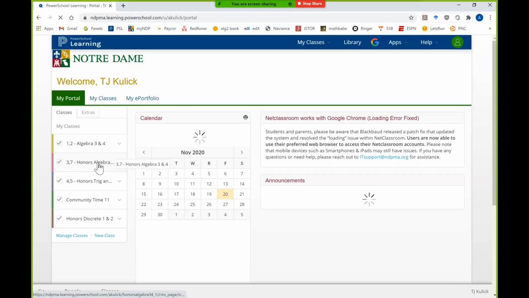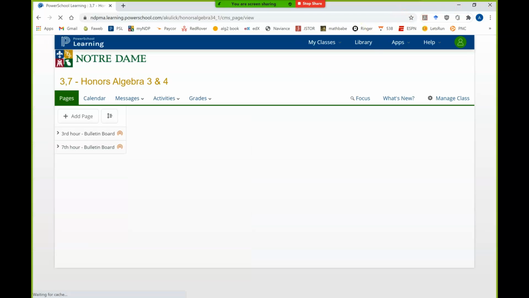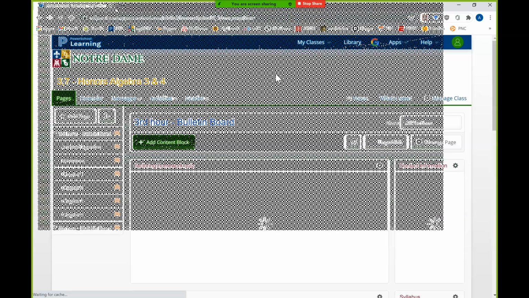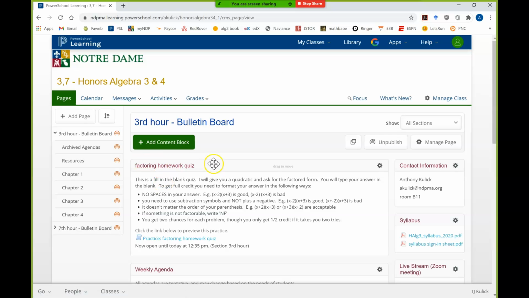So we'll go to the Honors Algebra 3-4 page. And you'll notice at the top of our bulletin board page is a content block titled Factoring Homework Quiz. So this homework quiz is all on factoring.